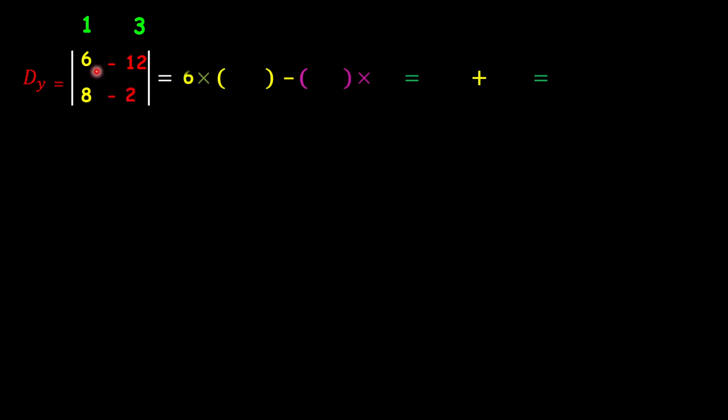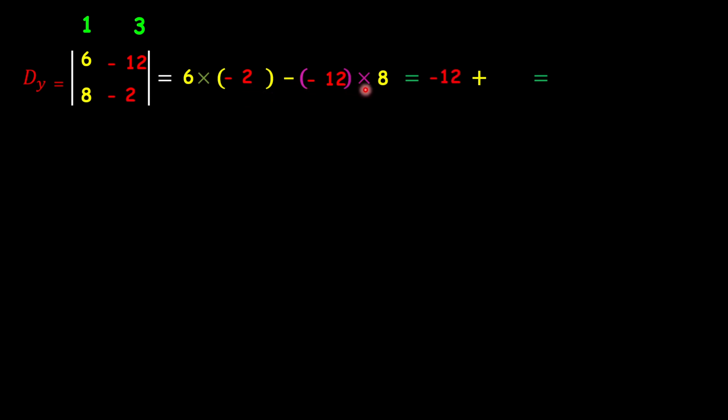Now 6 multiply to negative 2 minus negative 12 multiply to 8. Now 6 multiply to negative 2. That means multiplication of opposite sign is always negative. 6 2s are 12. Therefore negative 12.